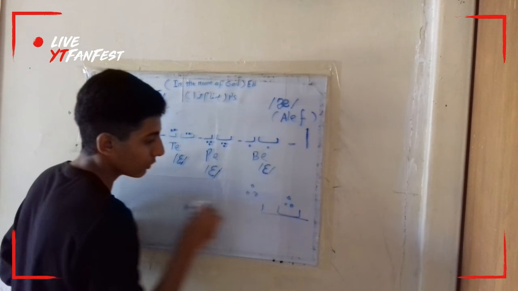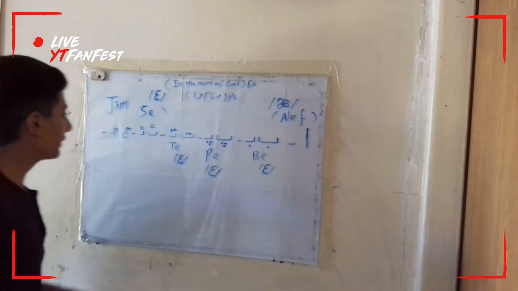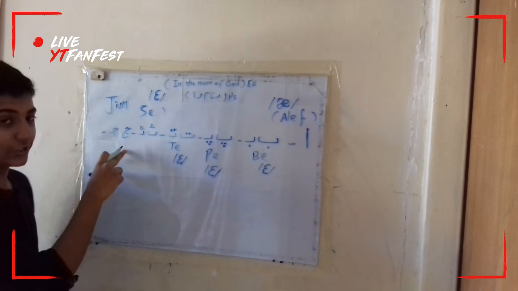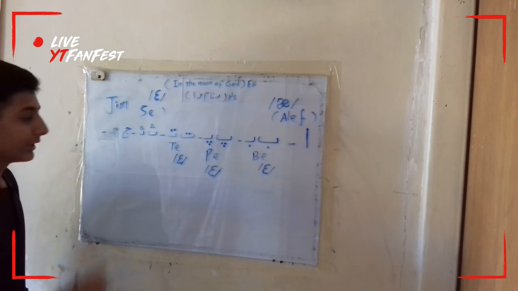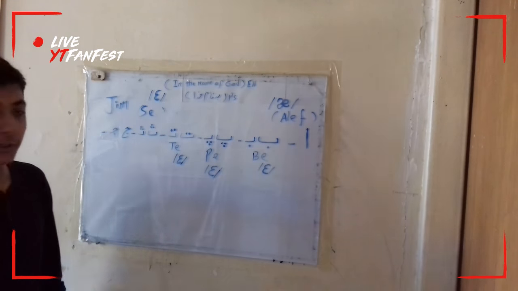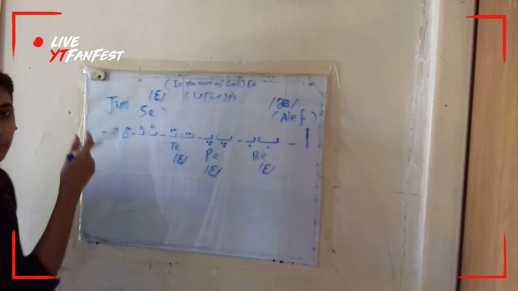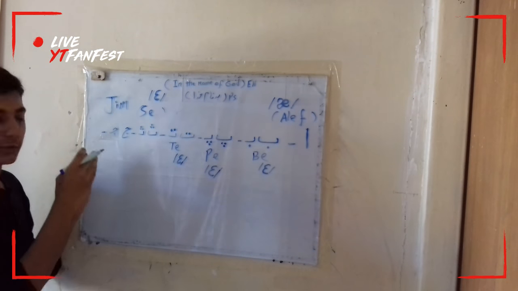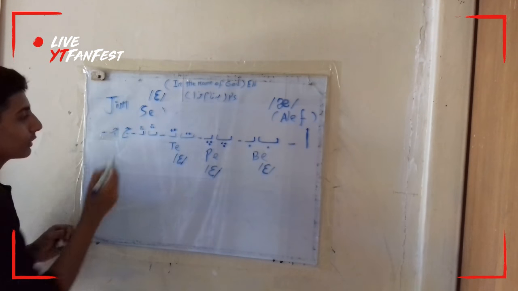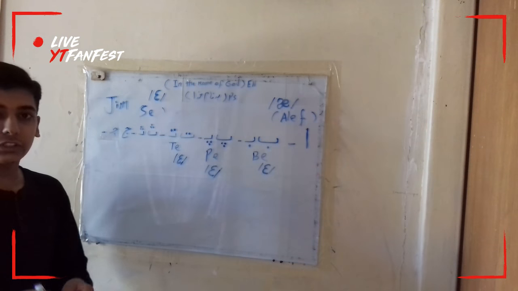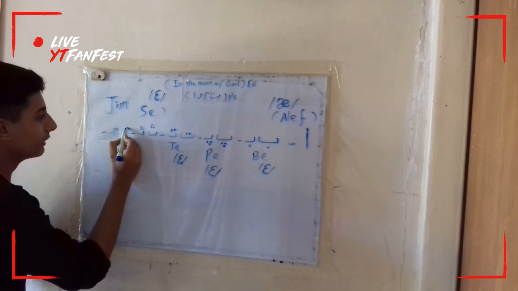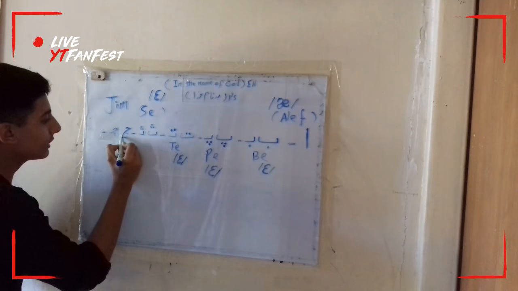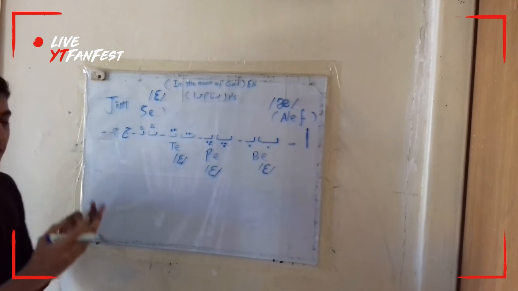Okay, let's go to the next one. It is Jim, and I have a simple way to learn this. We have a name Jim in English, and it is exactly like Jim, but when you use it in a word, it has a different sound. But the name of this alphabet is Jim.